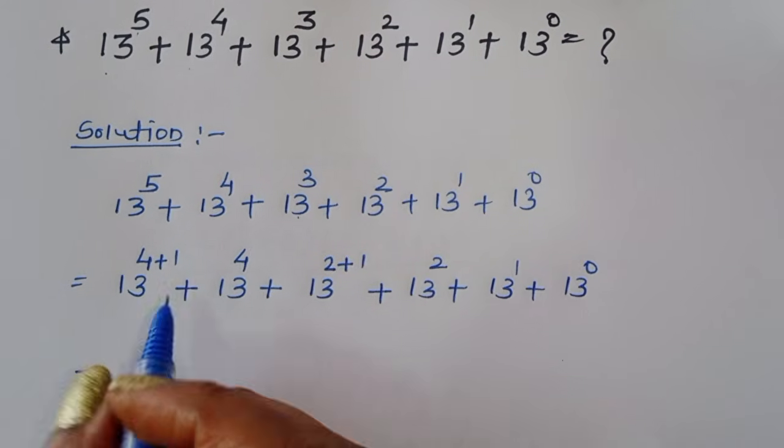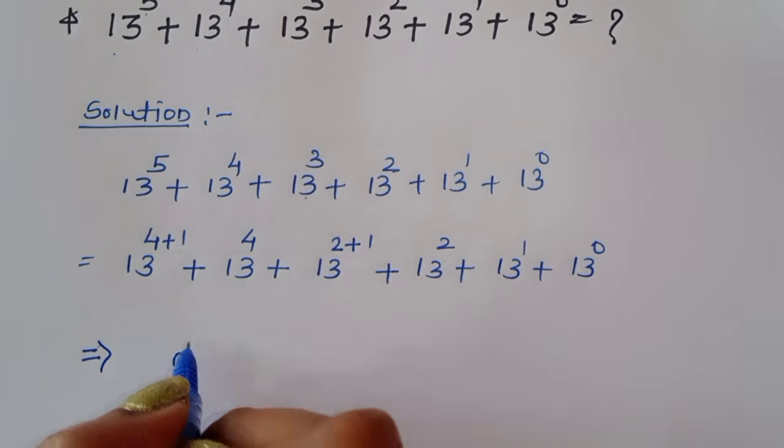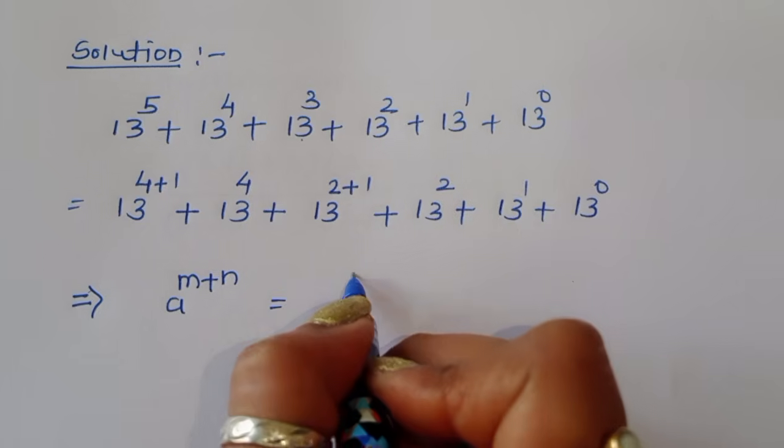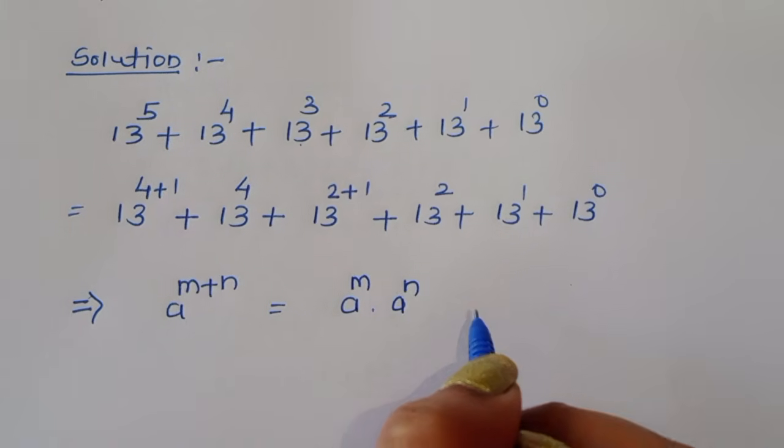Now we know one formula: a^(m+n) is equal to a^m times a^n.